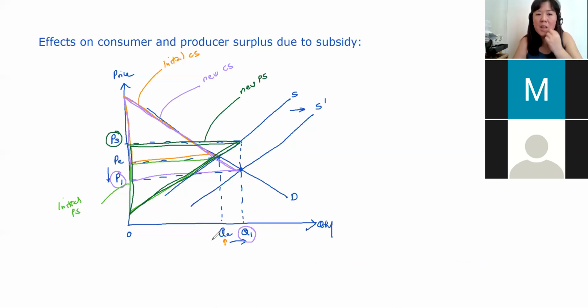I hope it's clear that if you compare the initial consumer surplus, the orange triangle, with the new one, the purple triangle, there is an increase in consumer surplus given by this shaded area.